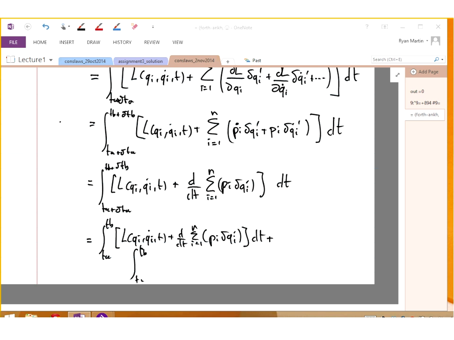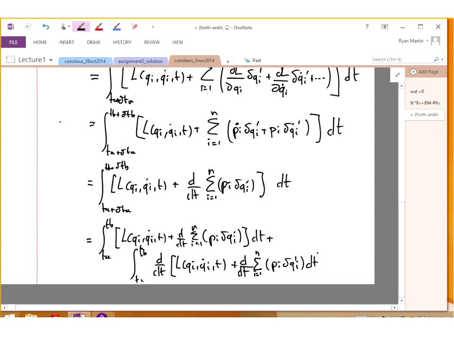So it's d/dt of the integrand, which was L at q_i, q_i dot, t plus d/dt of the sum i equals 1 to n of p_i delta q_i primed, and then this whole thing here is times delta t, dt. Oops, that dt goes on the outside there.